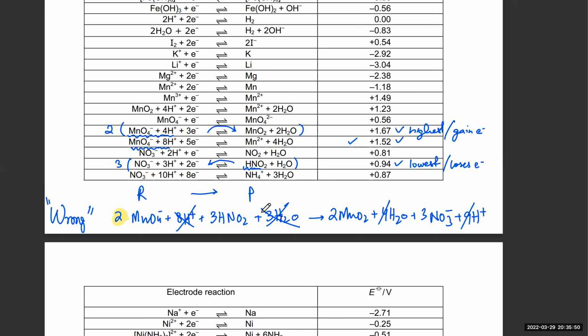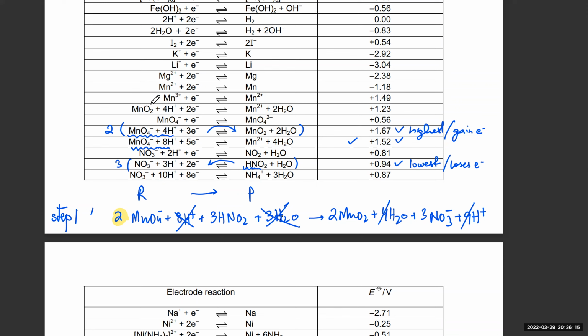Now the lengthier explanation is that what we did was not wrong. What we did was just the first step of the reaction. It's a multi-step reaction. Once MnO4 turns into MnO2, there's going to be a second reaction.